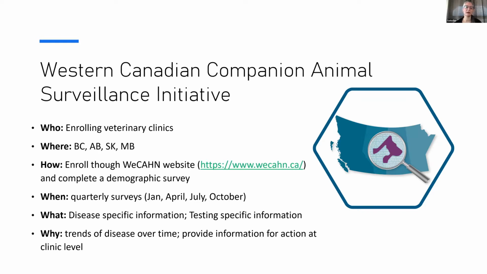Any clinic that sees companion animals is eligible to participate. It is completely voluntary, which you will see a lot of from a surveillance perspective. A lot of things are voluntary versus mandatory. Do you use the carrot or the stick as to what kind of information you're going to get and what kind of buy-in? Here is how we're situated within the Western Canadian Animal Health Network website.